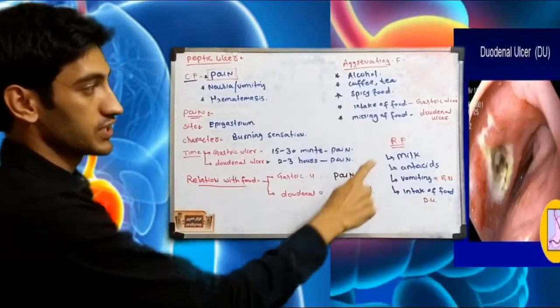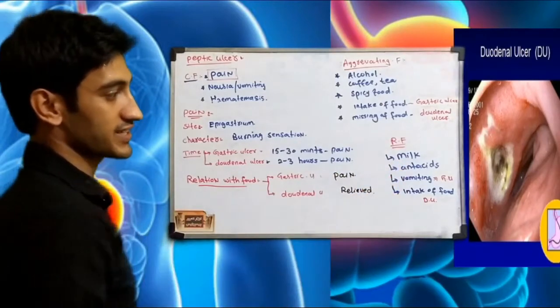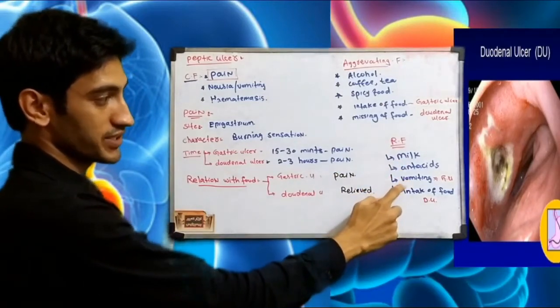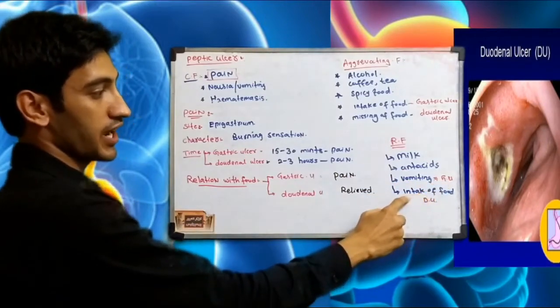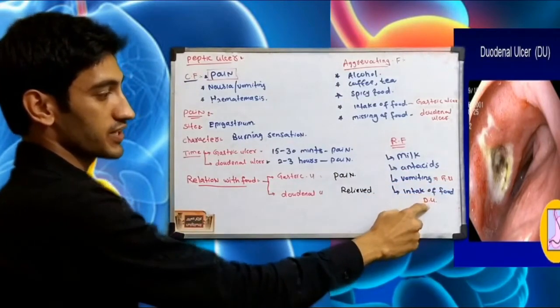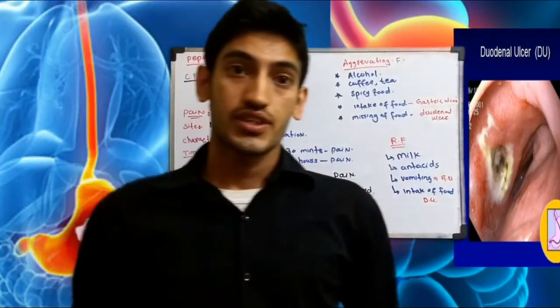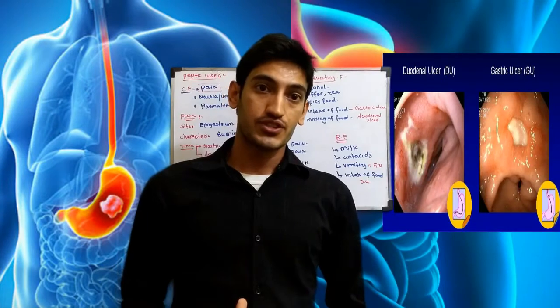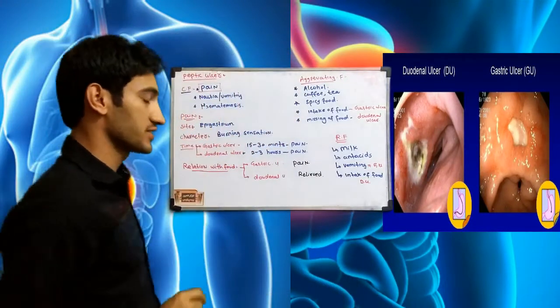Then the relieving factors include milk, antacids, and vomiting. Vomiting will relieve the pain in case of gastric ulcer, and intake of food will relieve the pain in case of duodenal ulcer. The second clinical feature is nausea and vomiting, and the third is hematemesis.